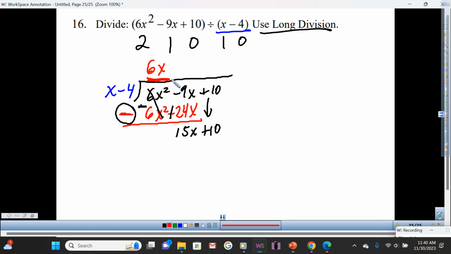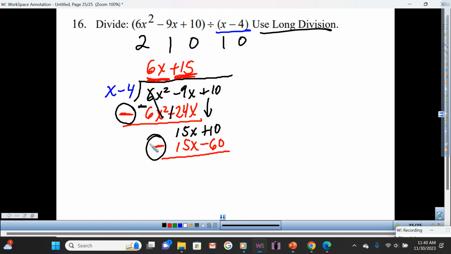Start all over. What number times x gives us 15x? Trinity, so 15, positive. So 15 times x is 15x. 15 times negative 4 is negative 60. We're going to subtract.